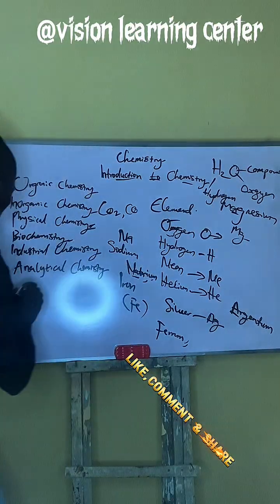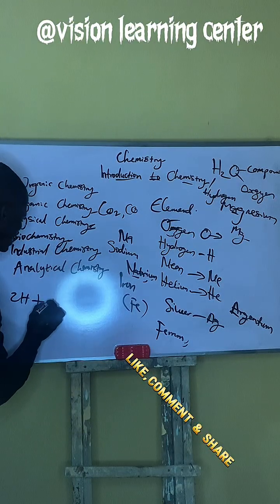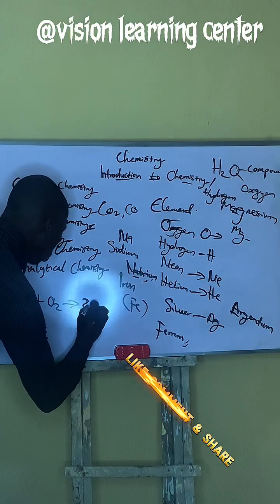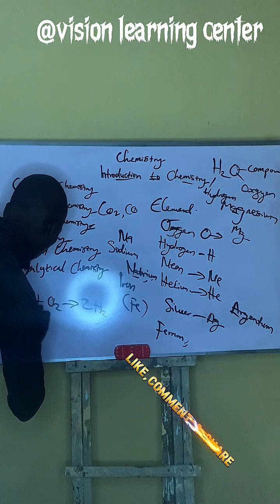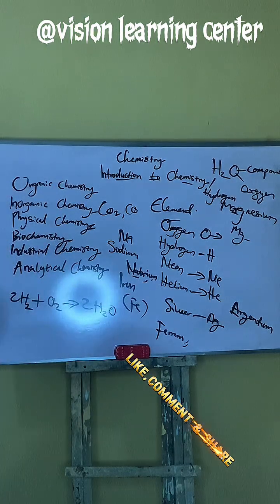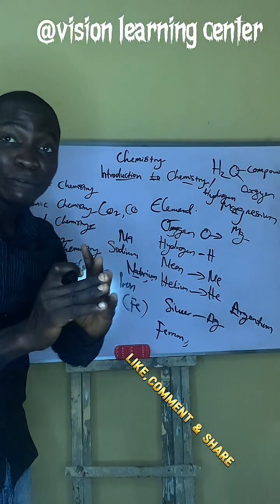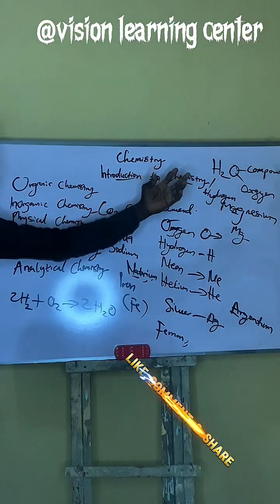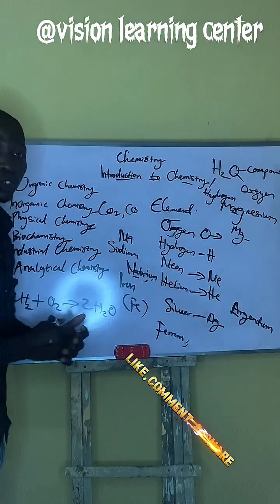Like when two moles of hydrogen react with oxygen, they give us two moles of H2O. So this is the chemical equation of water. It helps us to have a complex analysis of how the compound is formed. We call it a chemical equation.